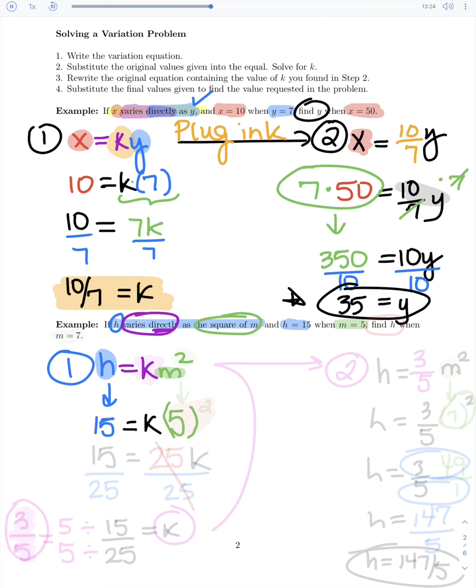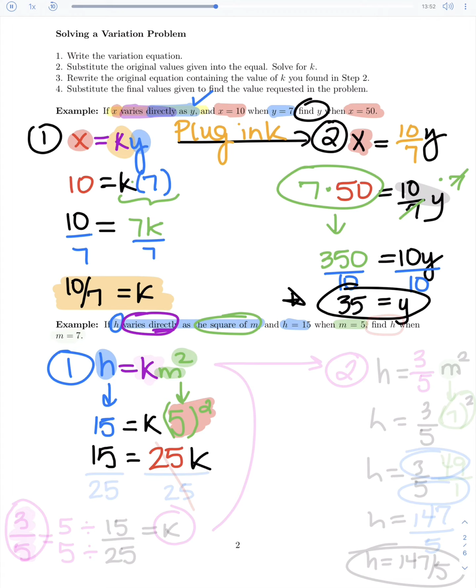Remember, though, that the m is squared, so it needs to be squared when you plug it in as well. So the order of operations is going to have you do the exponents first, to take care of the 5 squared. Well, 5 squared is going to give you 25. So that will give me 25k.